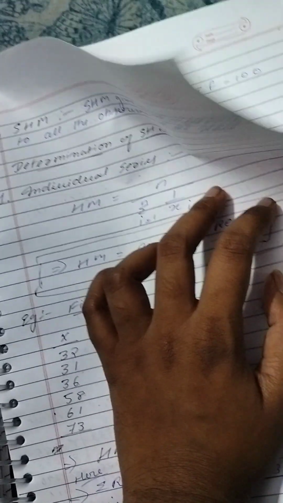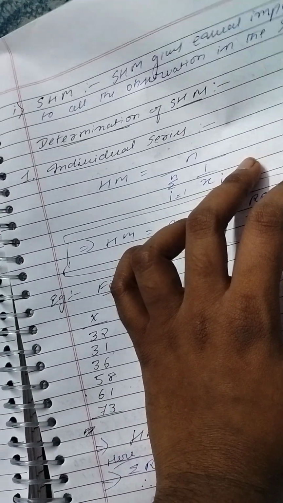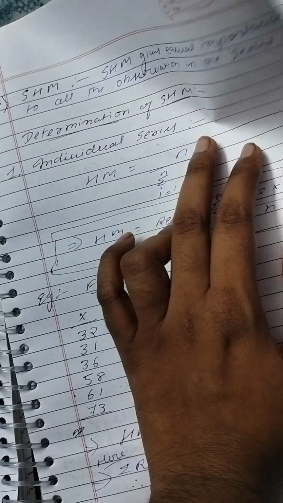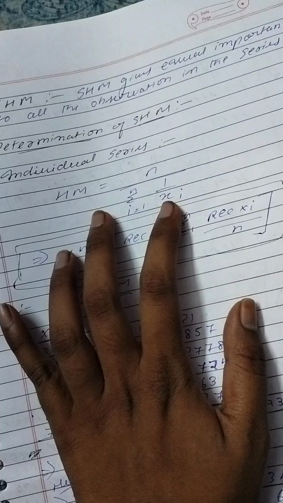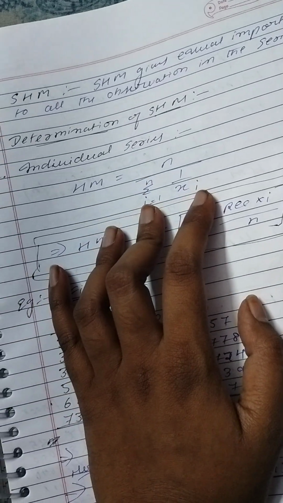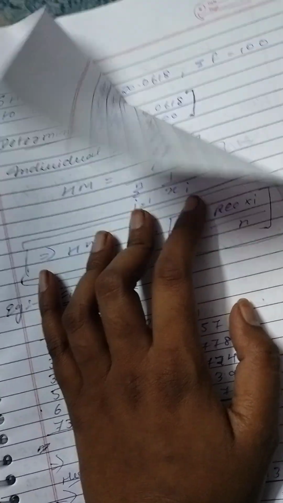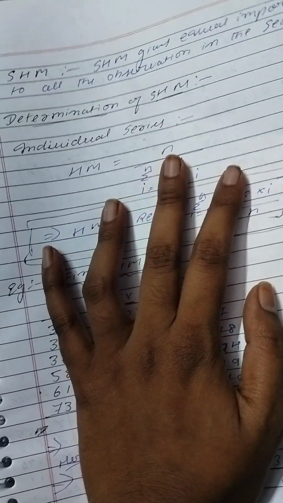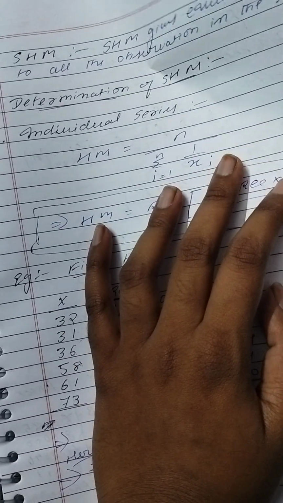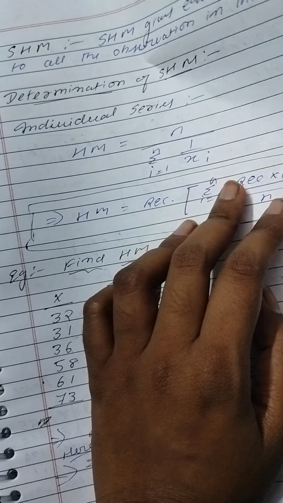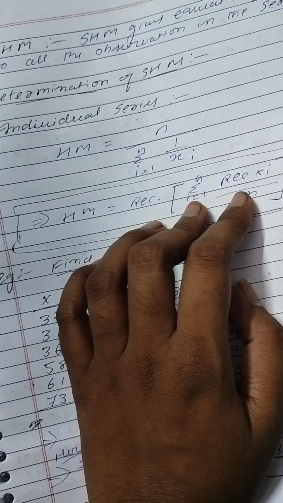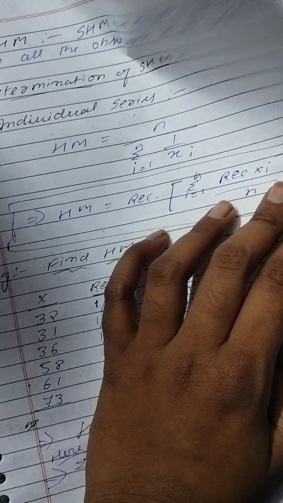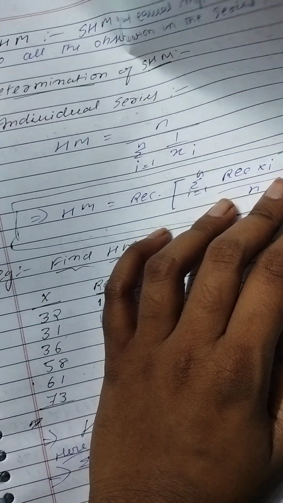Here there is no frequency, so the formula which we have already derived is similar to that, where n is used, and this is a way of writing any kind of formula. If the question is asked to write the HM formula, you have to write it in the right order: HM is the reciprocal of the sum from i equal to 1 to n of the reciprocals of xi, divided by n.